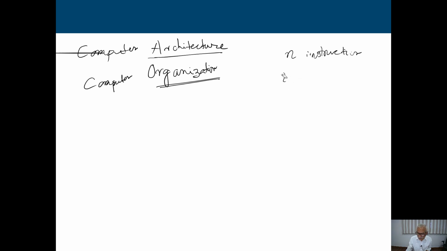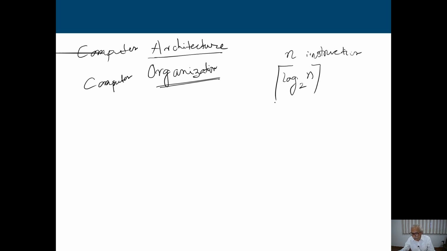You will find that I need log to the base 2 of n bits. Now how am I going to organize those bits? This falls under the instruction format. And after that, what are the tasks that we are going to perform in each and every instruction? I have already mentioned these things.